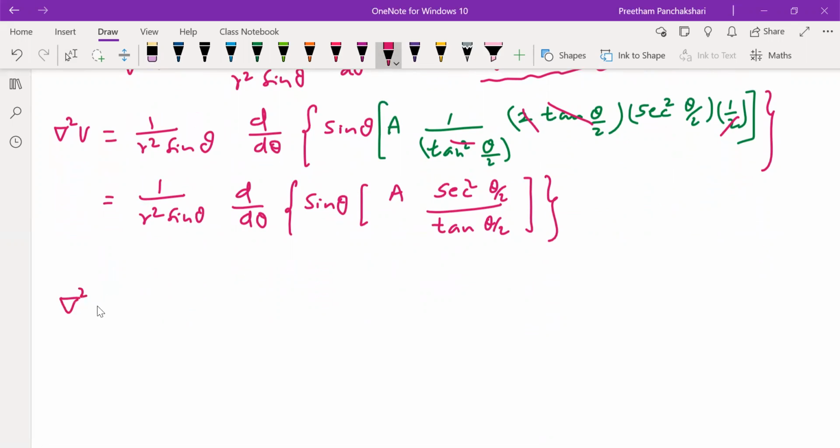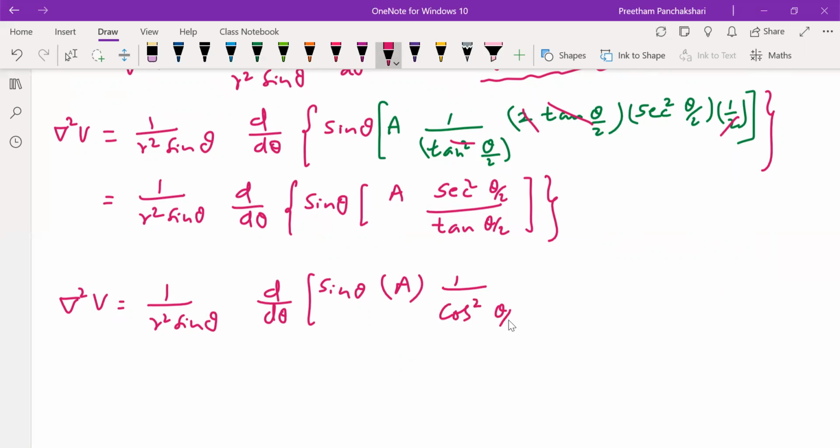Next, del square V is equal to 1 by r square sine theta. Before differentiation, we can simplify this further. Sine theta into A. Secant square theta by 2 can be written as 1 by cos square theta by 2. Tan theta by 2 is sine by cos, so 1 by tan is cos by sine.